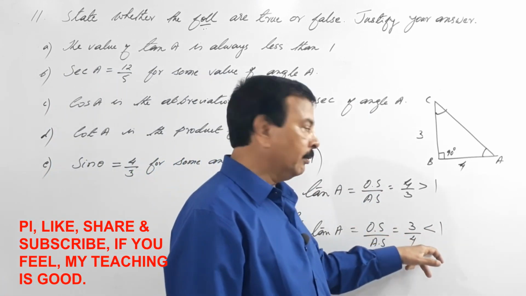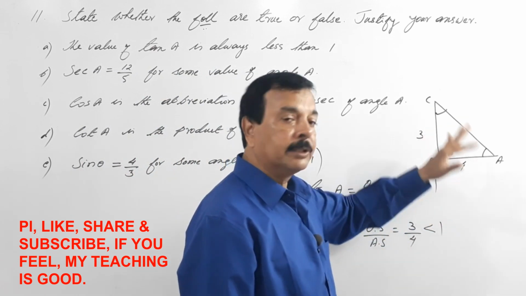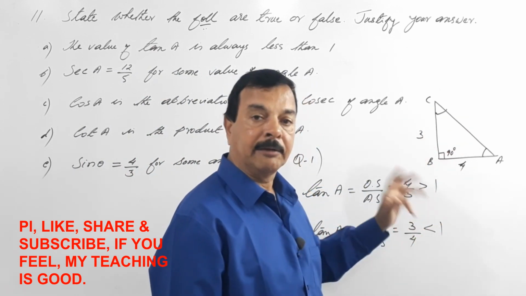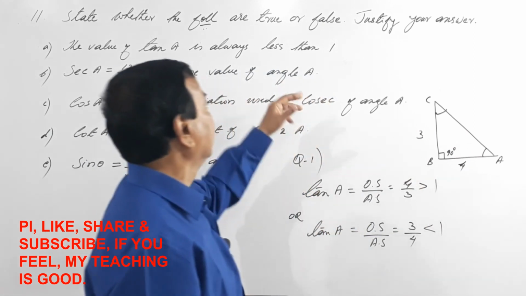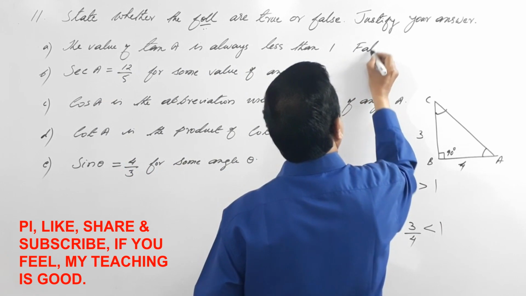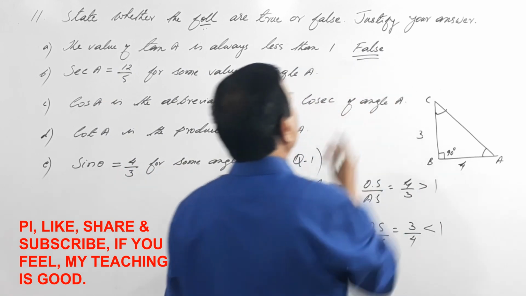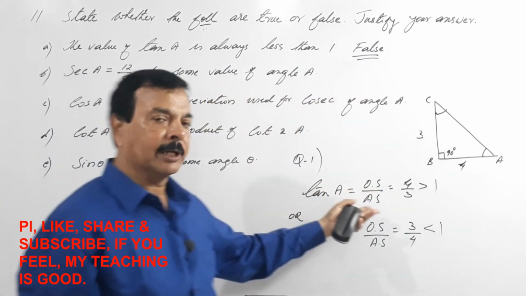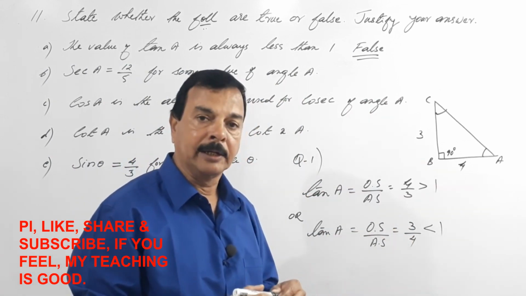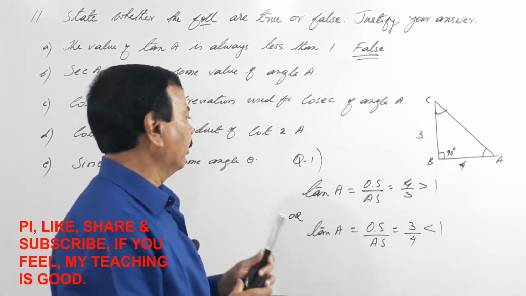It is less than 1 and it is more than 1. So by changing the position of the angle, the value of tan A differs. So this statement is false. It is not always less than 1, because in certain cases it changes depending on the position of the angle. Okay, dear students, make a note of that.